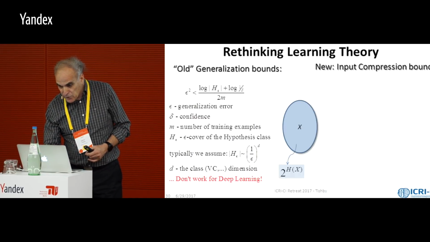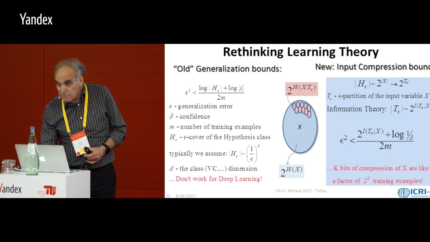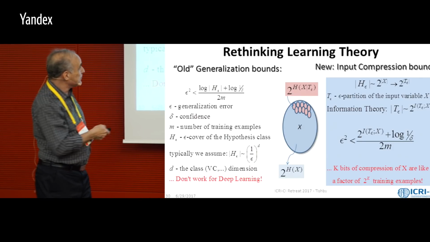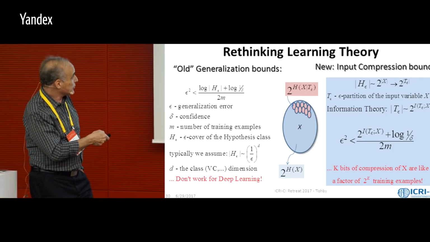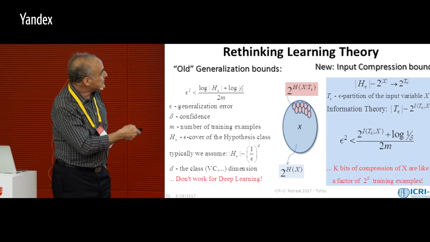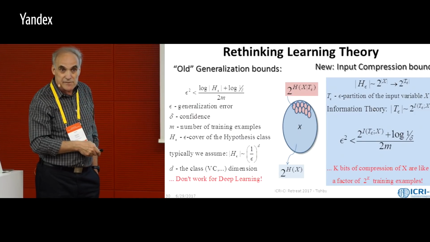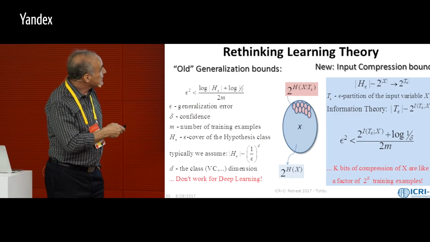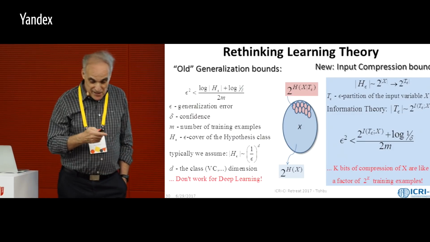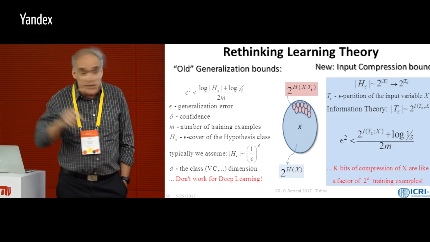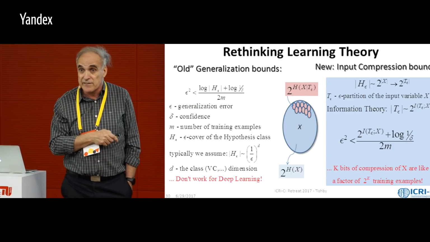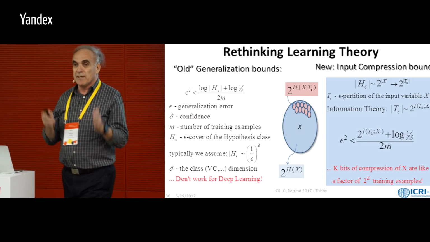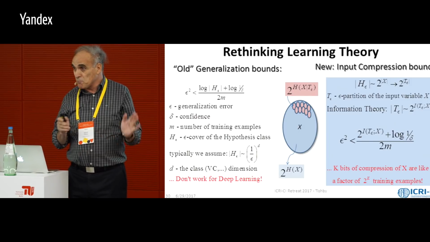But now I'm going to play information theory and tell you the size of this partition for typical sets. If X is large, the size of X is 2 to the entropy of X. If you're not sure about that, come to me later. And then if it's a typical partition, the average size of each partition is 2 to the conditional entropy of X given T. This is exactly the same trick used in the channel coding theorem and in rate distortion theory, so you should be familiar with it.